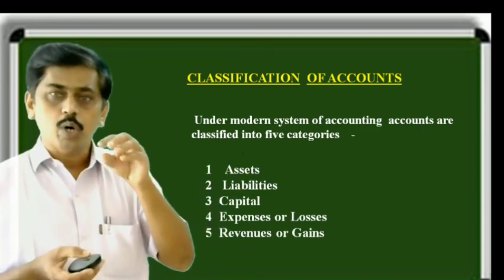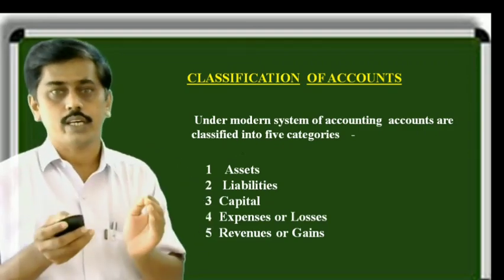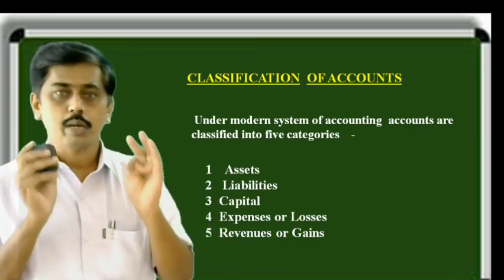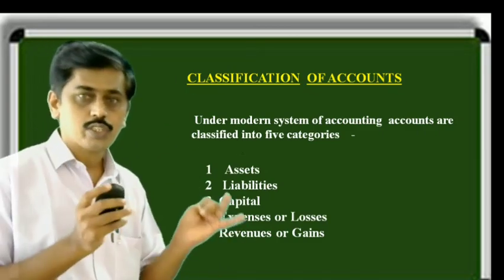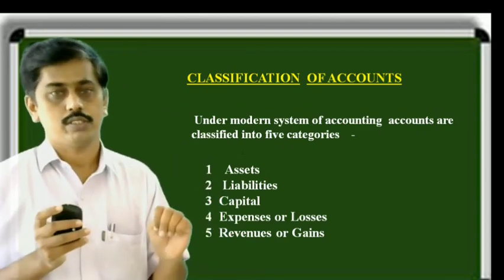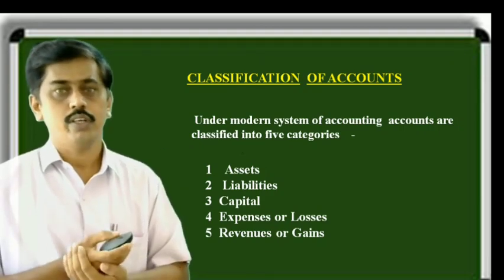So, in the modern system, accounts are classified into 5 categories: assets account, liabilities account, capital account, expenses or losses account, revenues or gains account. So, 5 types of account.